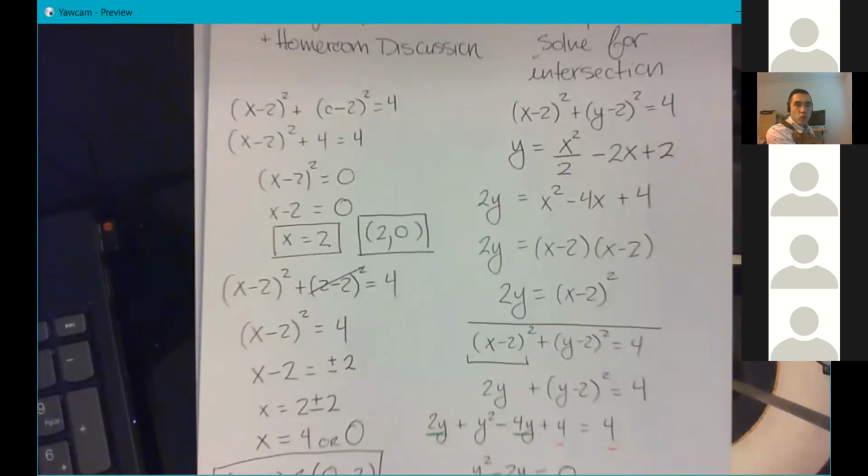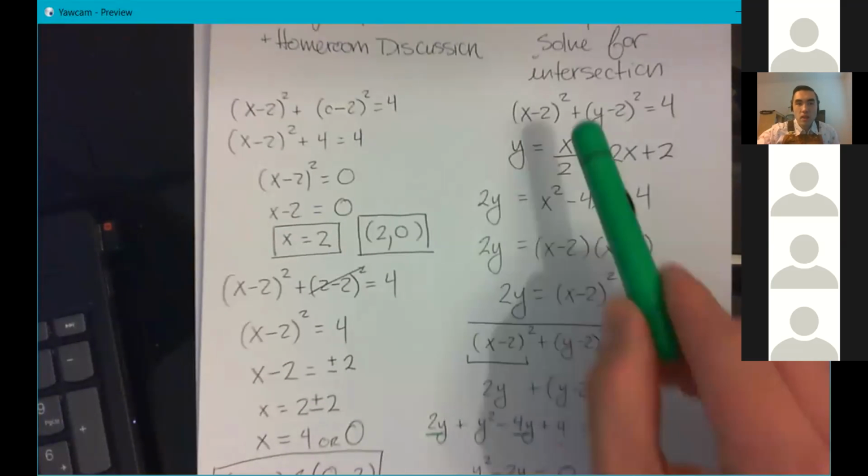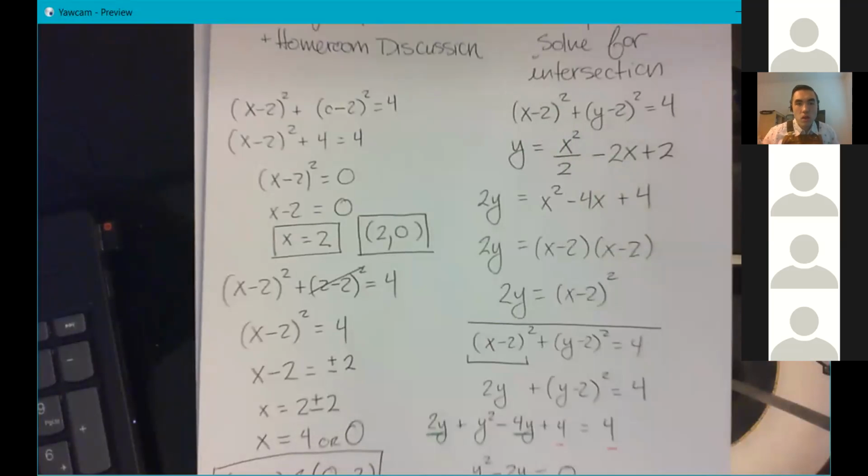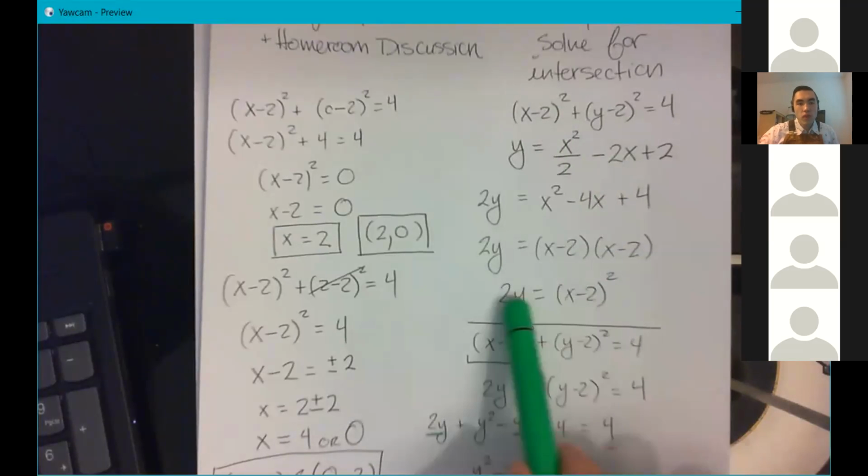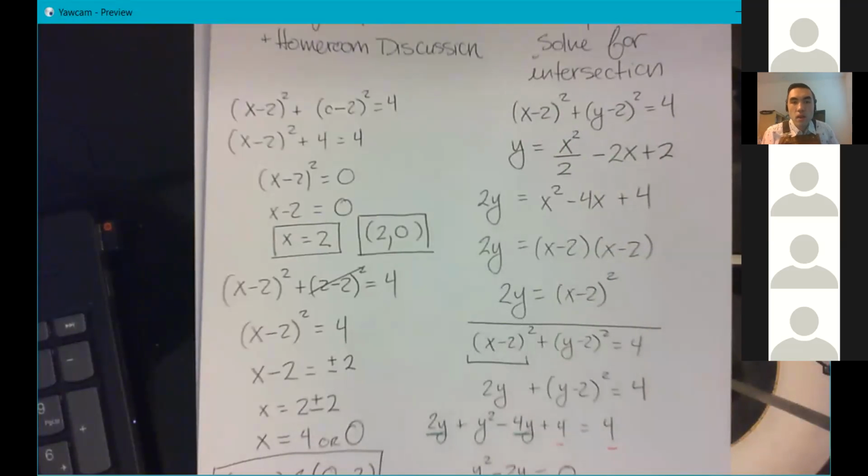Right. If the intersections in the graph were all rotten decimals, that would indicate that the only way to do it is by some brute force method. But in cases like this where the answers are integers, there has to be some sort of nice alignment between the 2 equations. And in this case, that nice alignment was the fact that the x term in the circle equation matches what the perfect square factorial is for the quadratic.